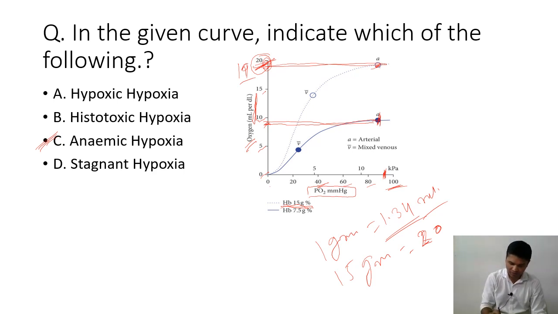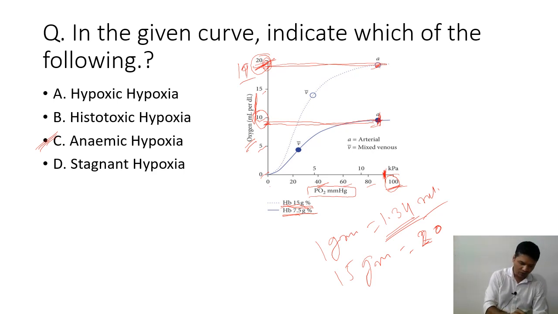At the same time here, hemoglobin is 7.5, so hemoglobin is less, and 1 gram of hemoglobin can carry 1.34 ml, so with 7 or 8, its total oxygen carrying capacity is reduced, less than 10. But at the same time, the partial pressure of oxygen is normal, without any change.